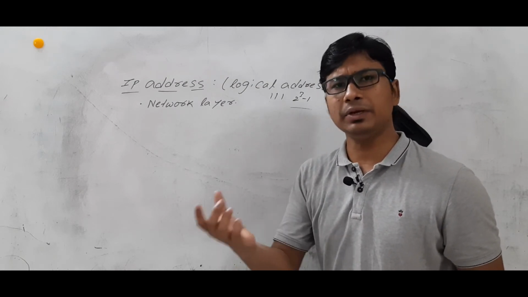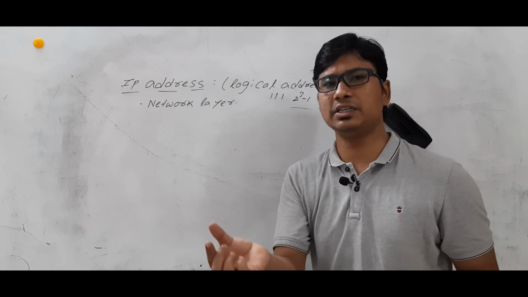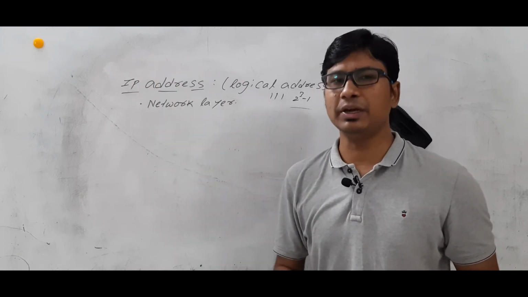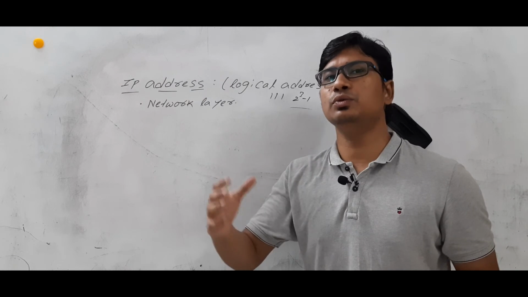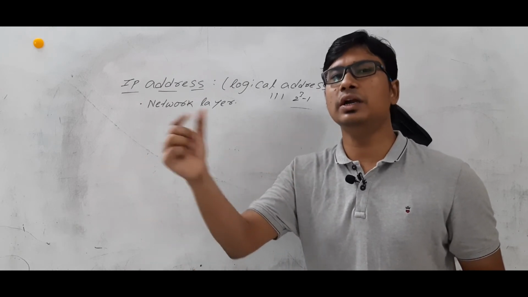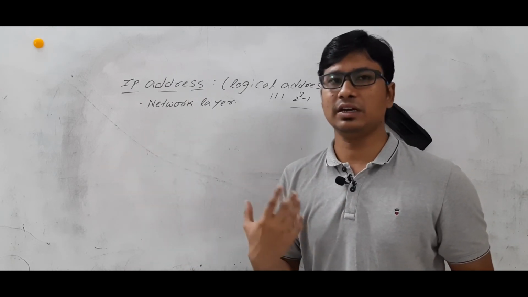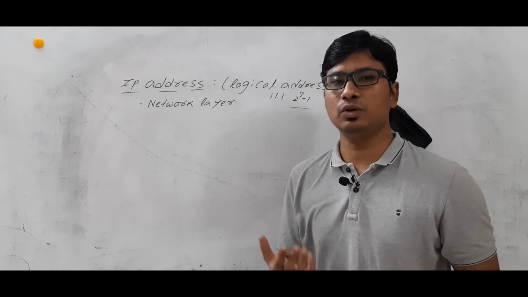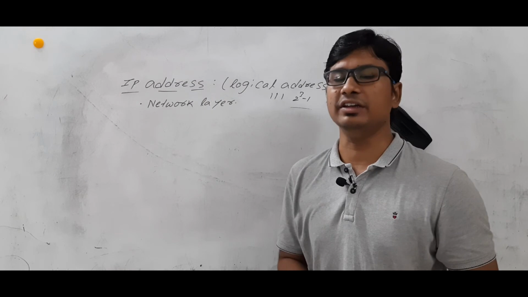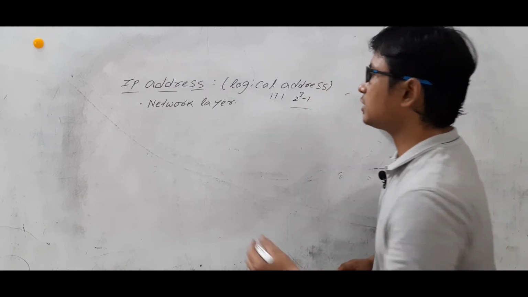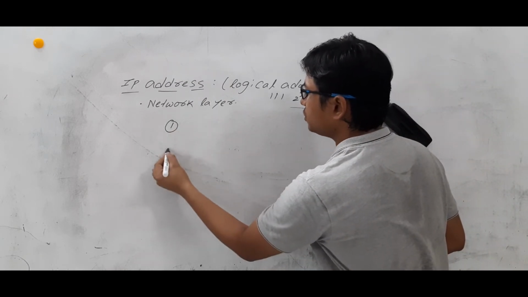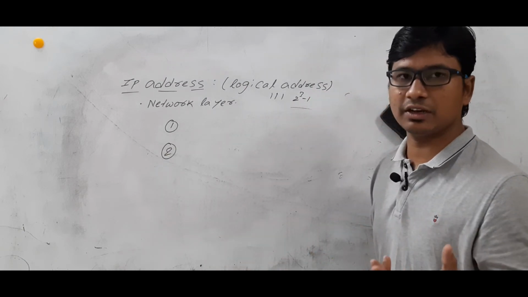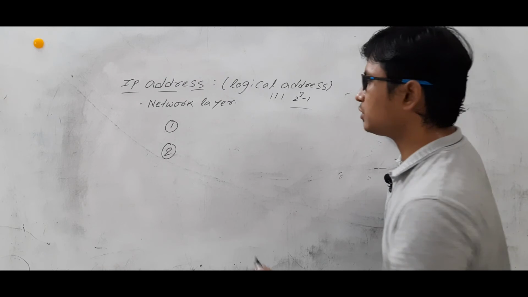If I see an IP address, my institute is using 172 dot something or 200 dot something, how should I identify how many bits are for the network ID and how many for the host ID? To identify that, IP addressing can be classified into 2 types.